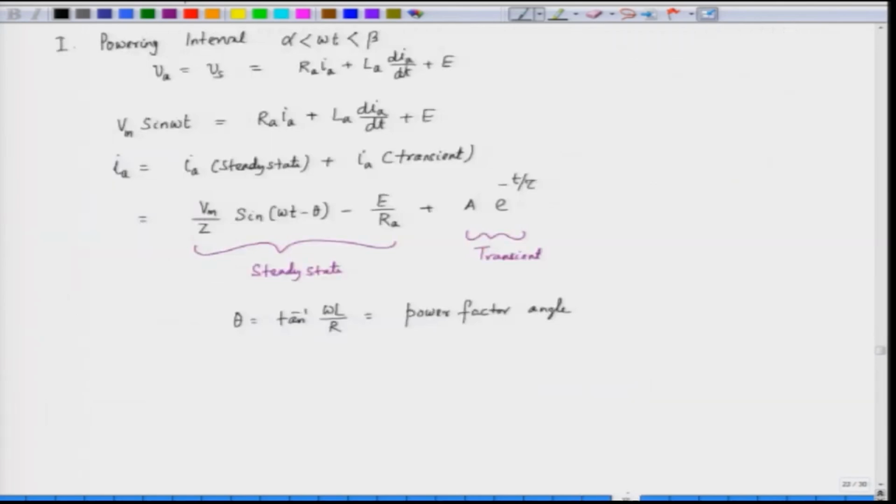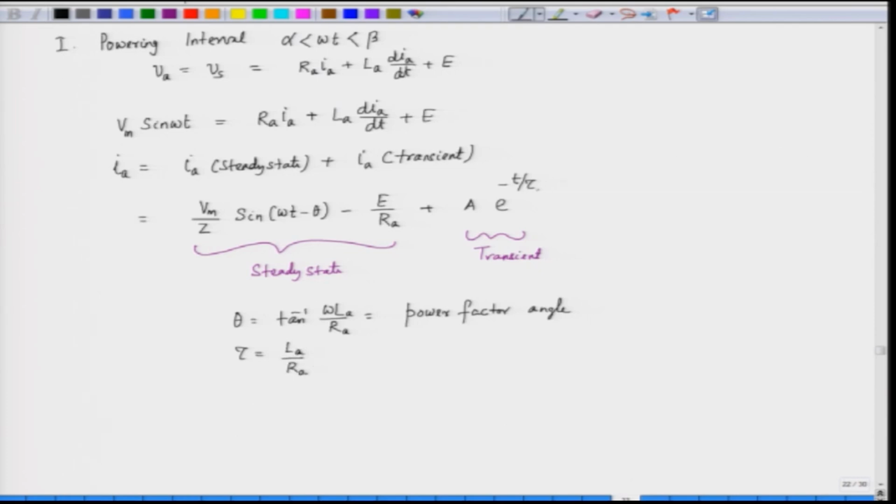So, E will give minus E by Ra, and then we have a transient component which is A e to the power minus t by tau, where tau is the time constant, La by Ra.